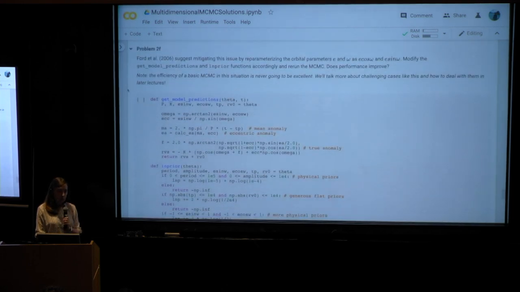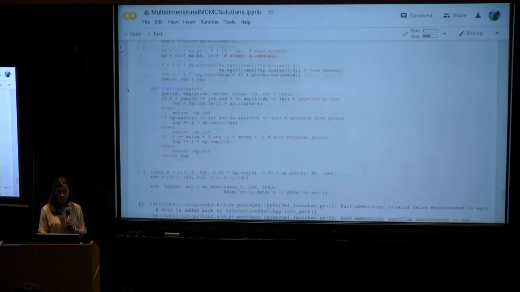So finally, we can reparameterize this. There's a paper that suggests changing eccentricity and omega to be e cosine omega and e sine omega as the two free parameters. And this gets rid of some of the covariance, and it also gets rid of this discontinuous issue with the angle.